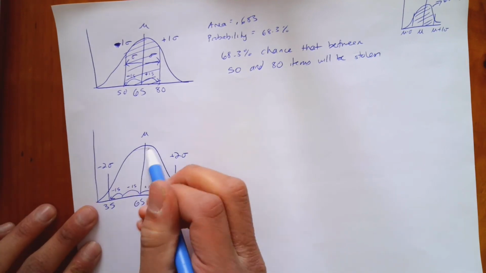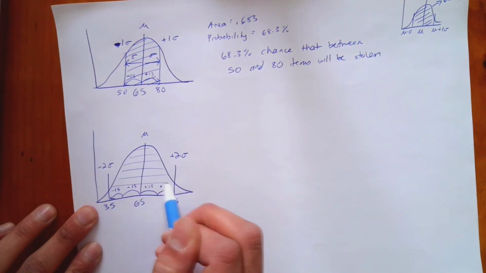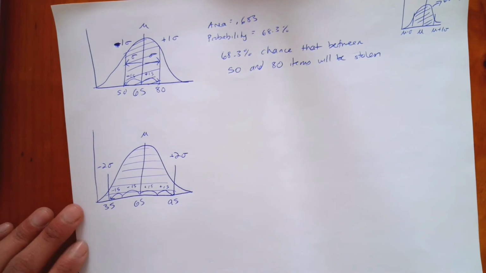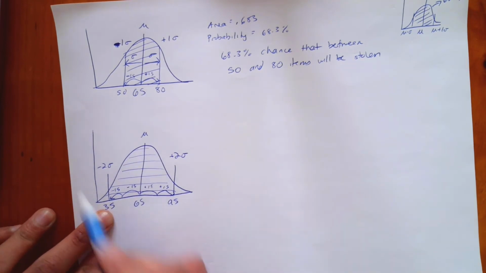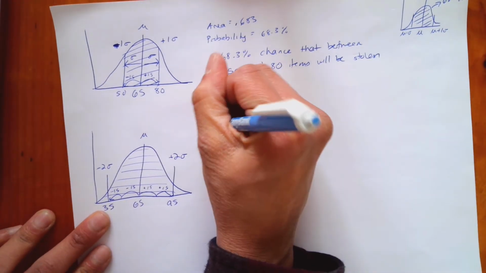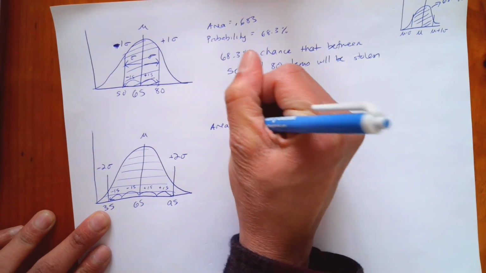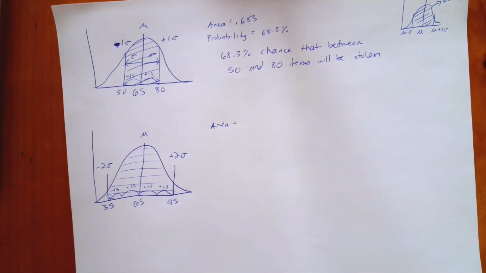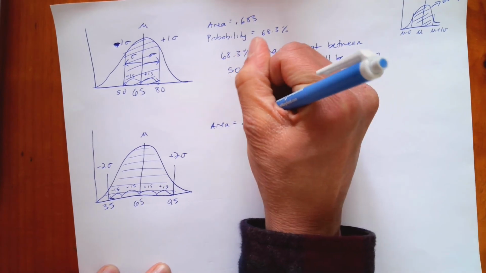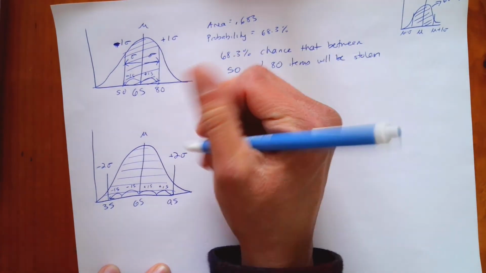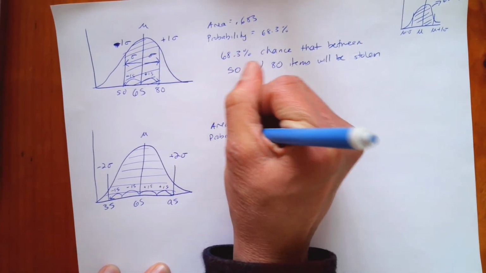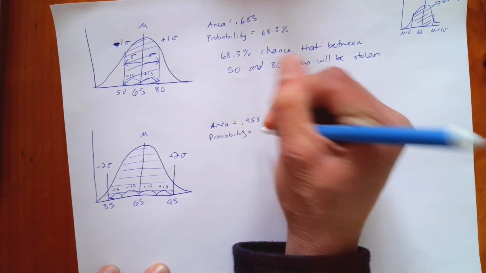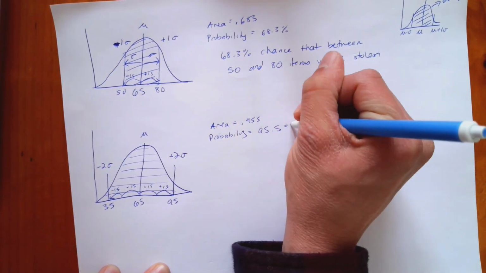So the second part of our empirical rule tells us the area under the curve within 2 standard deviations of the mean. And specifically, the area under the curve is going to be 95.5% of your total area, or an area of 0.955. This means that your probability is going to be equal to 95.5%.